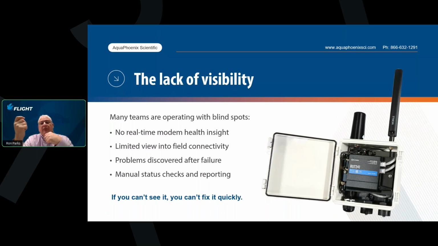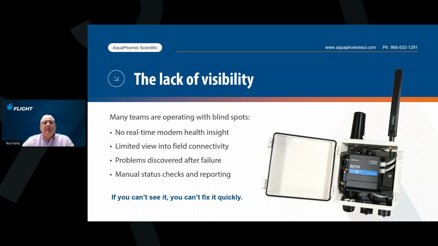You have no idea what it is. There's limited field connectivity on site, and issues are only discovered after failure. And there, again, the cost is manual status checks and reporting are used, and that kind of defeats the purpose of the whole premise of remote monitoring. So if you can't see the issue, you can't fix it. And you don't want to wait for that customer to call, that's the worst time to know about it.